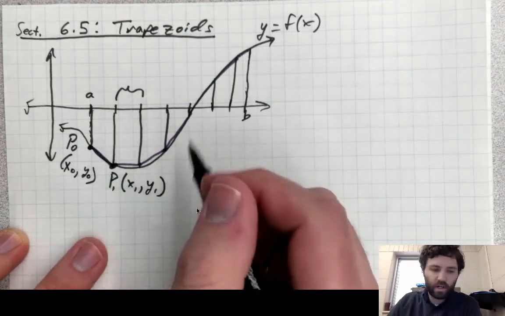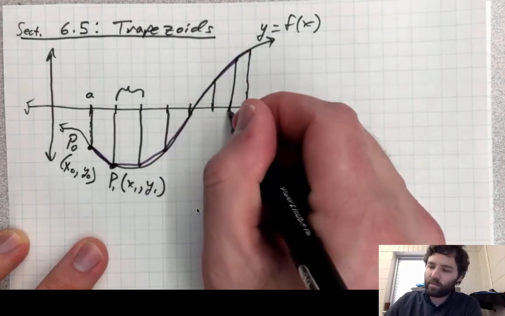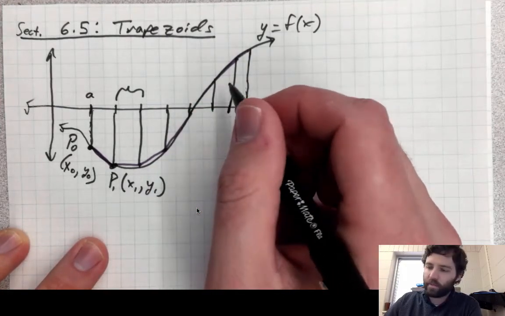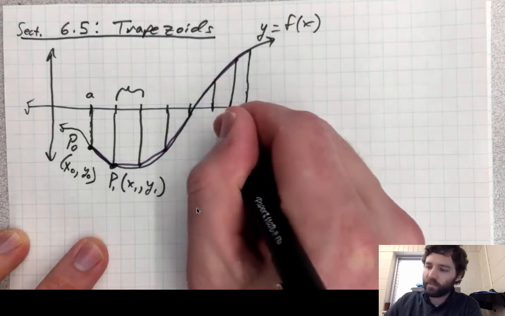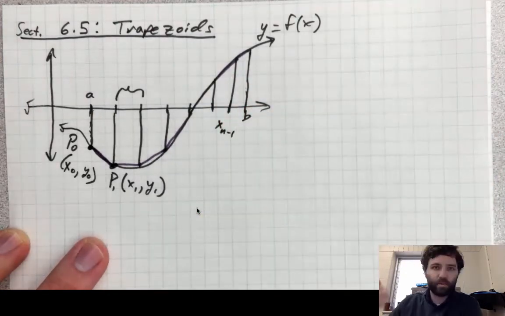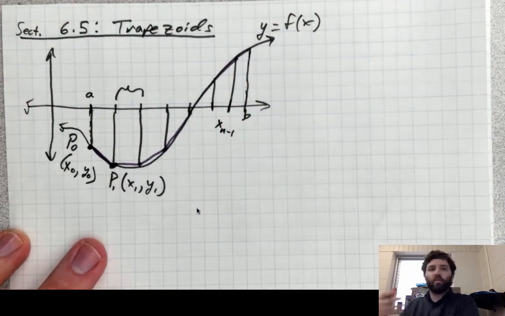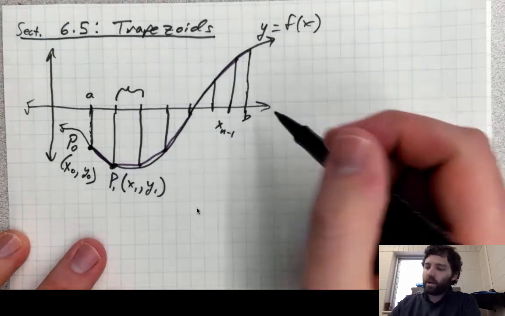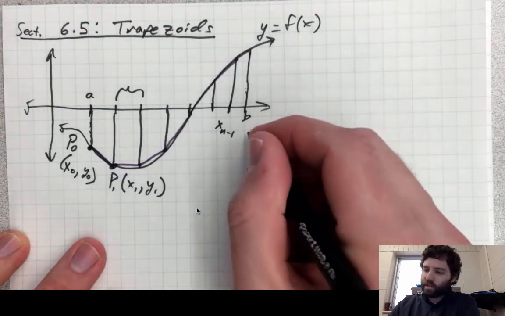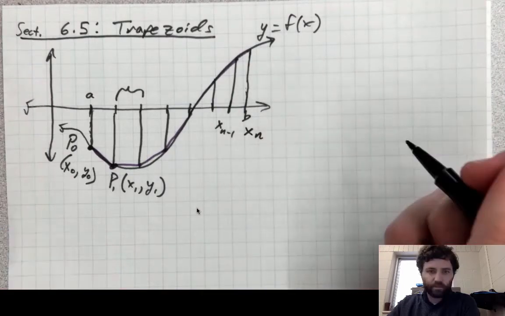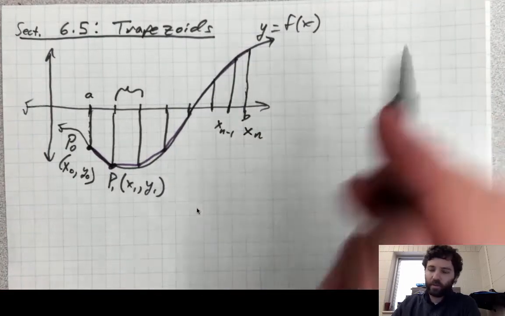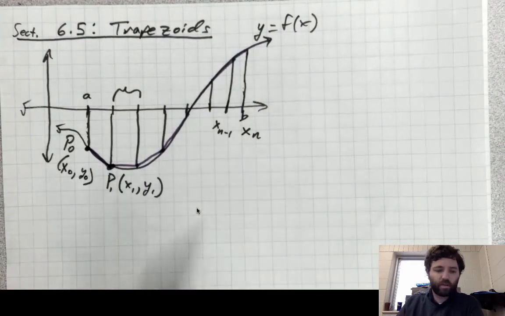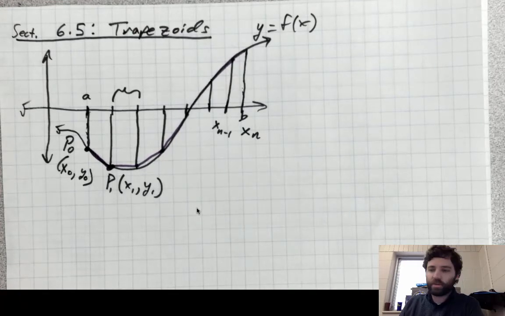This will continue on until you get down to the point right before b, which would be x sub n minus 1, and the point would be x sub n minus 1 comma y sub n minus 1. And then the last point here would be just x sub n, the last x value. So we've got it built for an arbitrary number of rectangles, or excuse me, trapezoids.